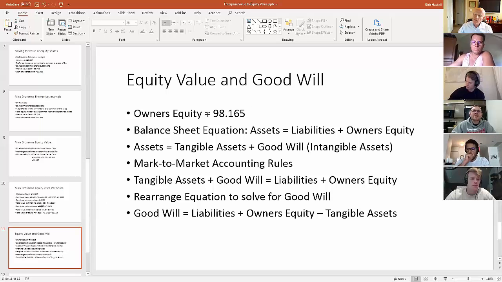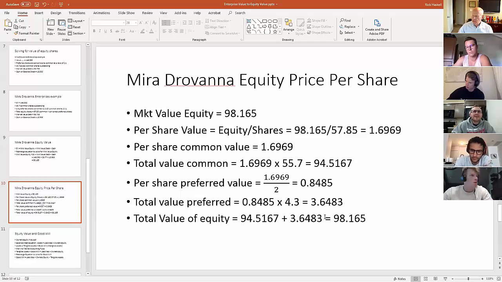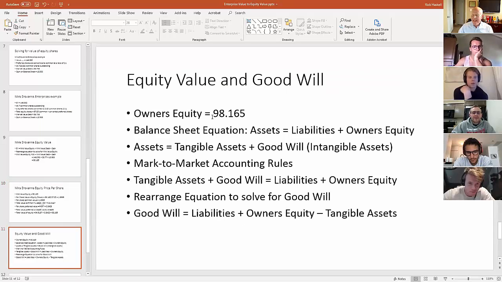So here we've already identified that the equity that we just calculated here was 98.165. And we took that to an equity per share and such, but we're reading it right back now just to equity. Well, that equity is synonymous with owner's equity on the balance sheet.